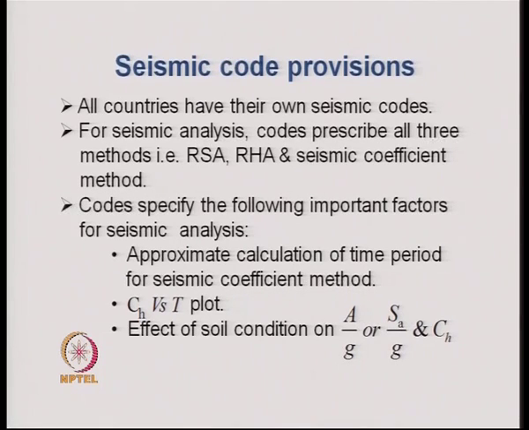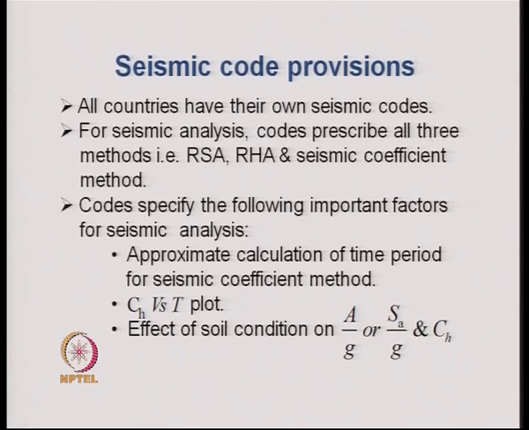All of them we have studied when we were discussing the inputs for ground motion. We have seen how one can construct a response spectrum compatible time history of ground motion or a power spectral density function compatible time history of ground motion.